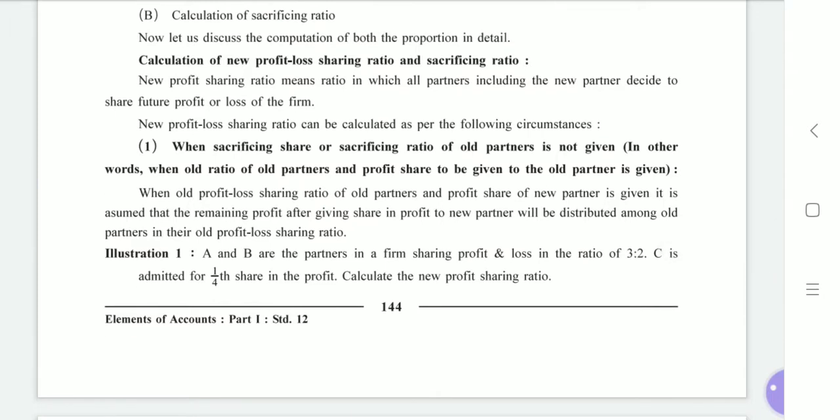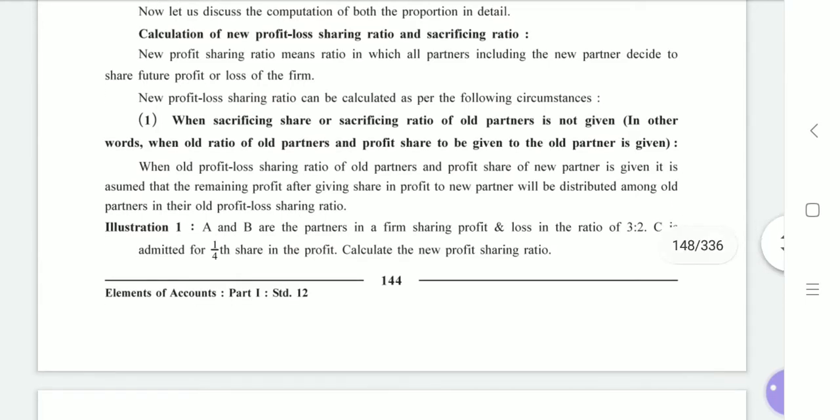Say for example, to understand this concept, we'll consider a simple example. There are two partners, A and B. They are conducting a business activity.